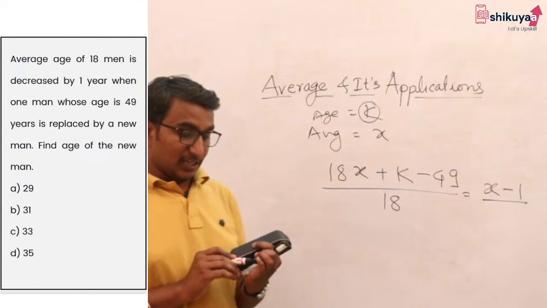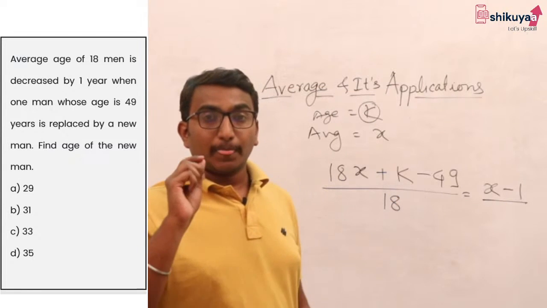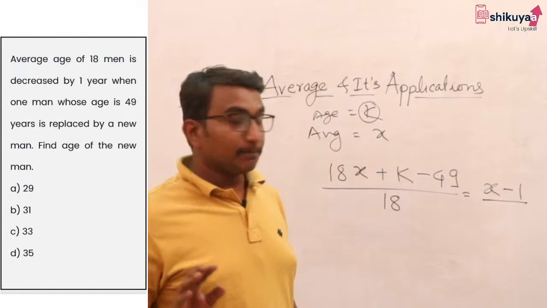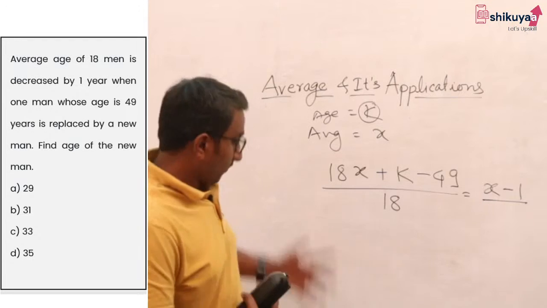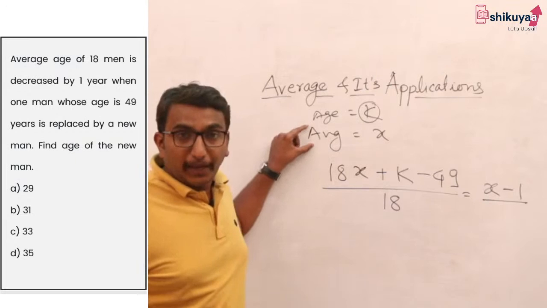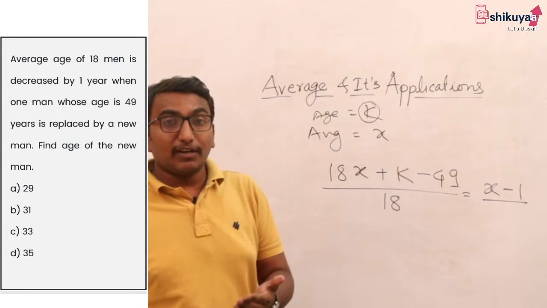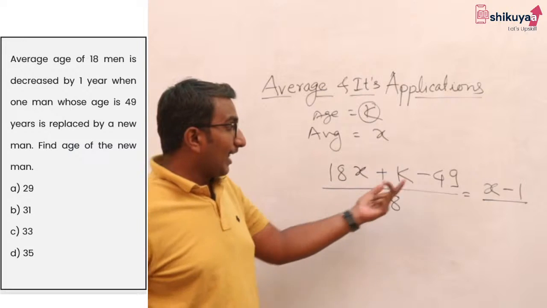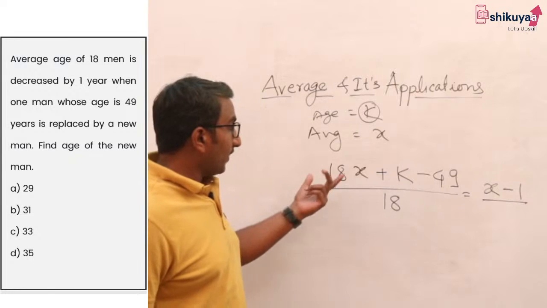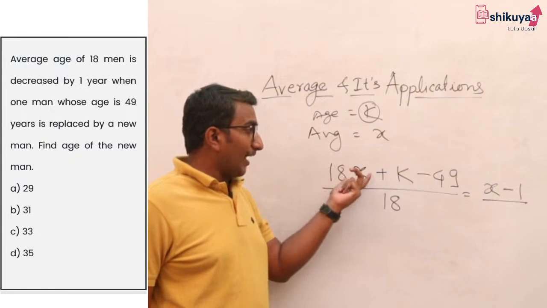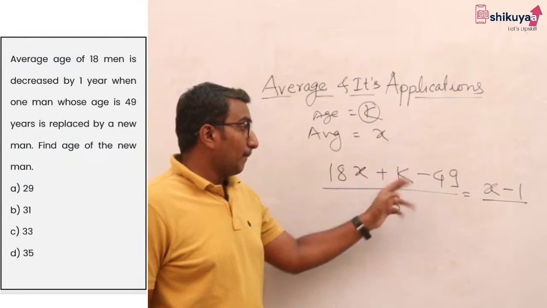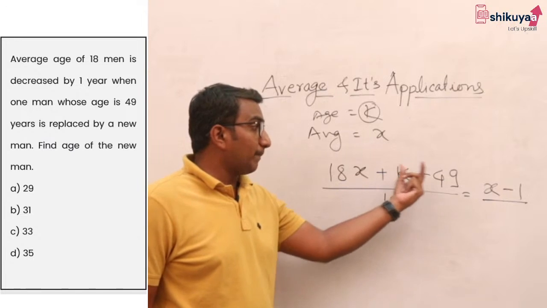So students, I will explain this equation once again. Understand very carefully. See, we have assumed the average to be x. What they have given is, whenever the new man replaces the man having the age of 49, at that time the average reduces by 1. So 18 into x plus k. k is the age of the new man who has entered that set, minus 49 because he has been replaced by this one.